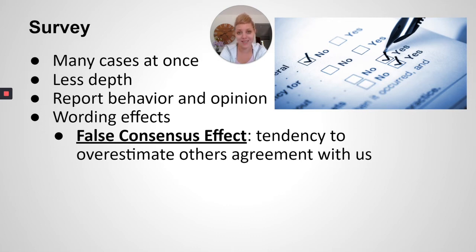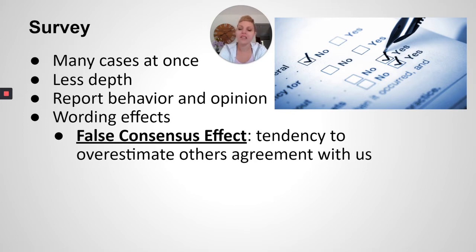Another way that surveys can be problematic is that they are also very much open to bias. They're open to bias based on things like the way in which a question is worded, and we refer to this as a wording effect. For example, and we see this a lot with politics, if I were coming from a certain political standpoint and I wanted individuals to respond to my survey a particular way to bolster the way that I think and feel, I might word my question so that a person would be like, well, of course I agree with this, or how could you not agree?